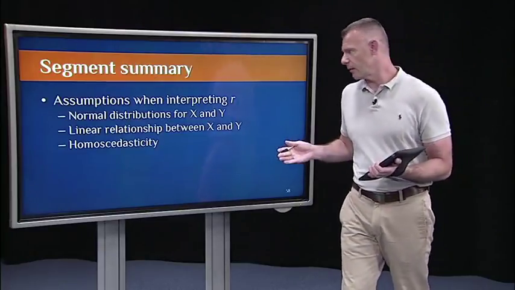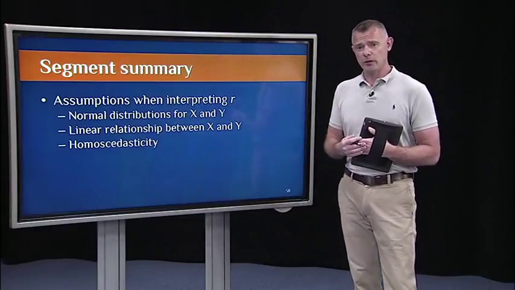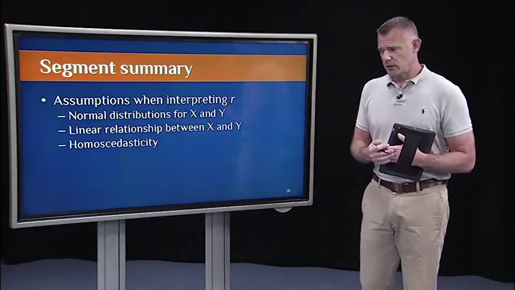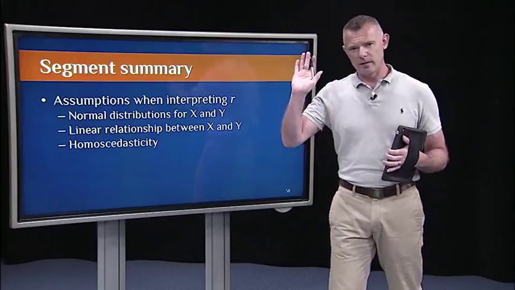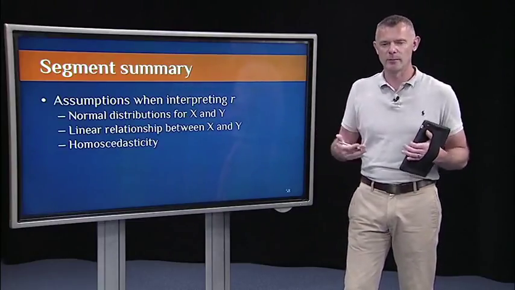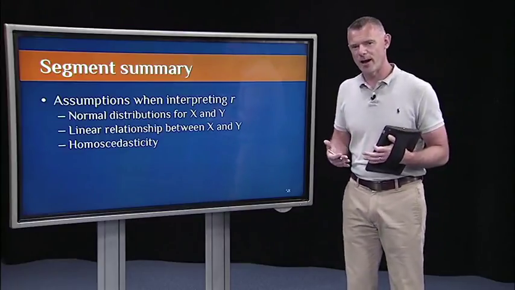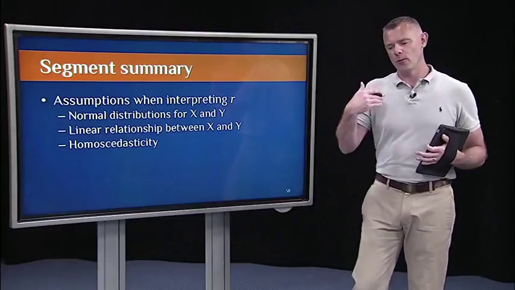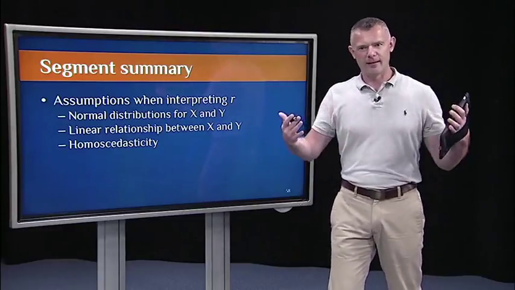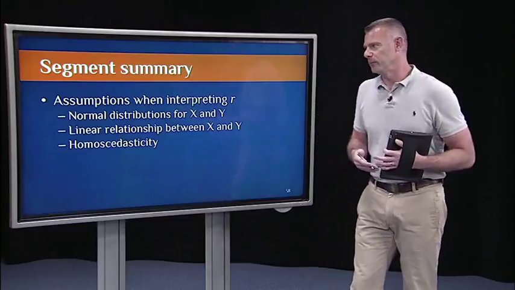So to summarize this segment, there are a lot of assumptions going on when you're doing correlational analyses. So this is why I started with the famous line, correlation does not imply causation, because everyone knows that. But there's so much more to worry about or be concerned about when you're consuming correlational analyses or when you're conducting them.